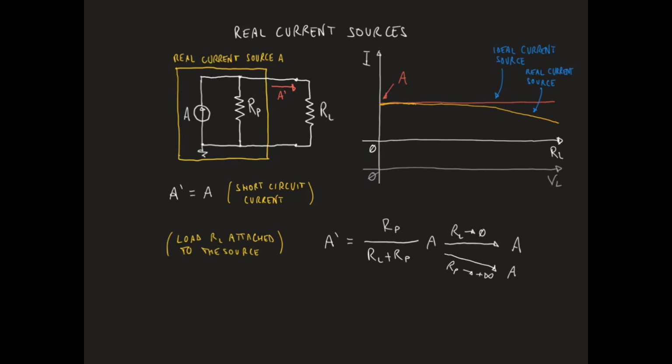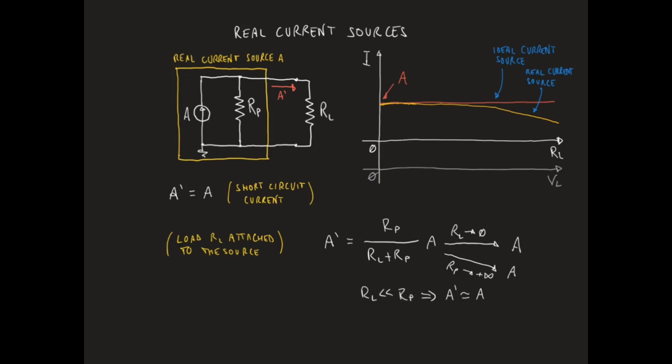If Rp goes to infinity, actually, the real current source becomes an ideal current source, A. In general, if RL is much smaller than Rp, then the current A prime will be more or less equal to A.